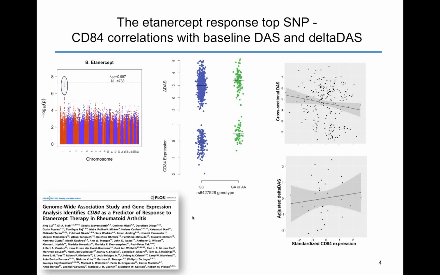That correlation is shown in the middle. And then on the right, if you standardize CD84 expression, you can see a bit more detail around the correlation with disease activity score.